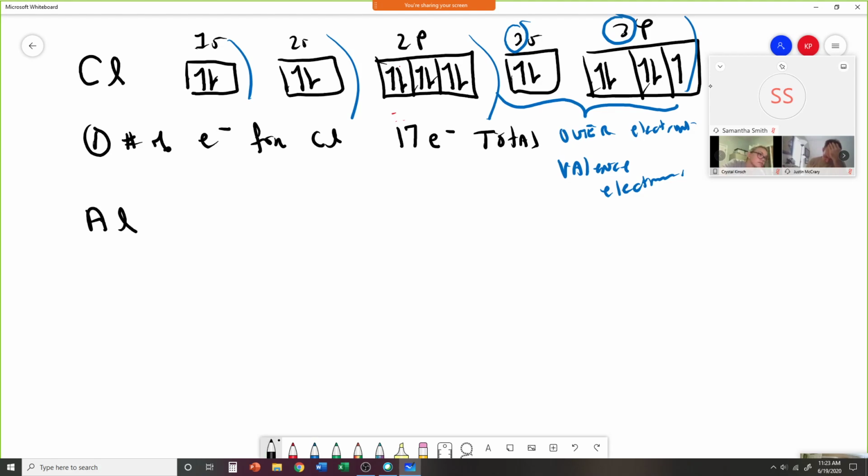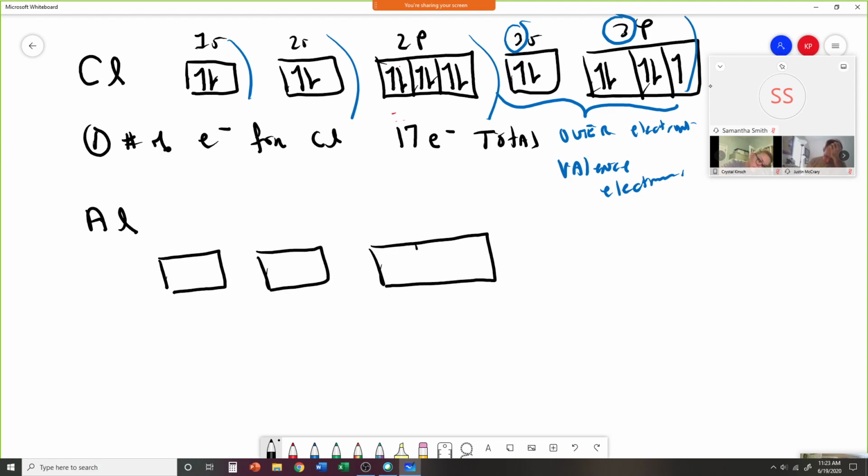So I put down Al, and we're going to go ahead and just put down the boxes. By the way, you're always given the boxes. You just have to decide which ones to use. All right, so we have aluminum.